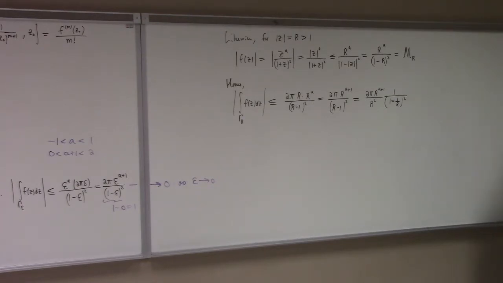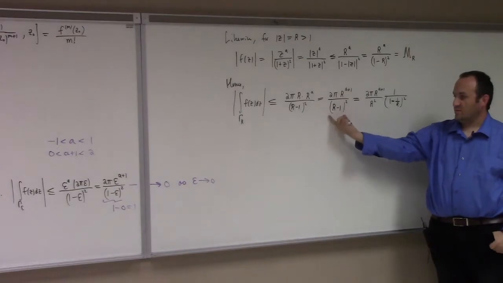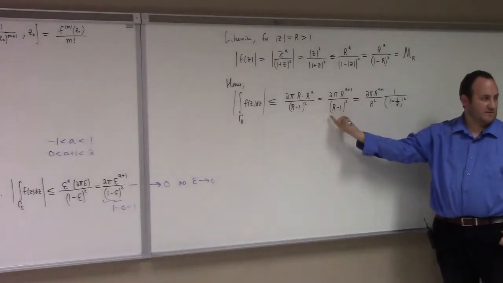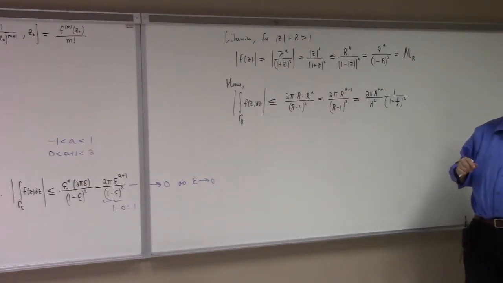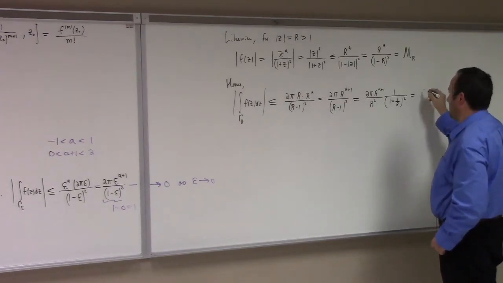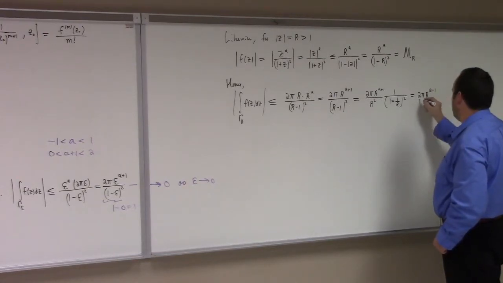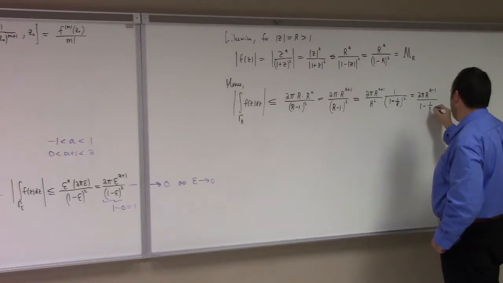Well, I see what you're saying. That one's less than 2, this one's order 2, so the denominator wins. Yeah. Well, I was just going by what you said. So then here you get r to the a minus 1 because the r squared cancels. So we have 2 pi r to the a minus 1 divided by 1 minus 1 over r. Anyway, either way.